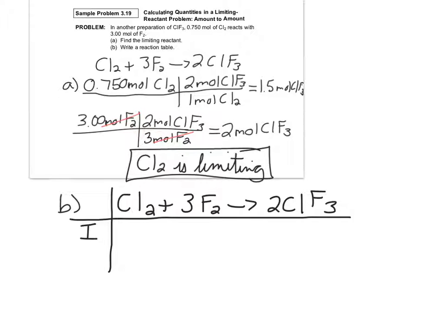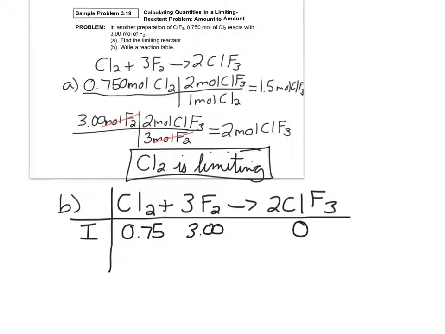So we're going to start out with moles, okay? So I know that I'm initially starting out with 0.75 moles of chlorine. So I'll write that directly under the chlorine. I'm starting out with 3 moles of fluorine, so I write that directly under fluorine. And as far as product, we always start with 0 moles of product, unless otherwise specified, because the reaction hasn't begun yet. Initially, we have no product formed.